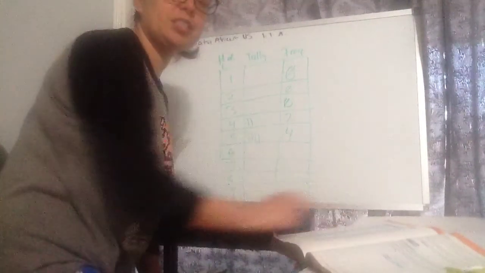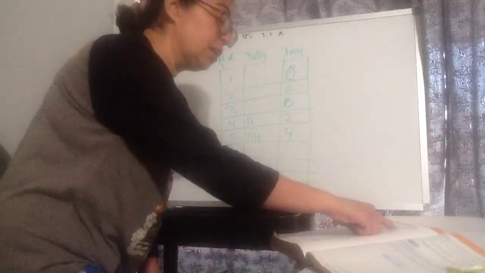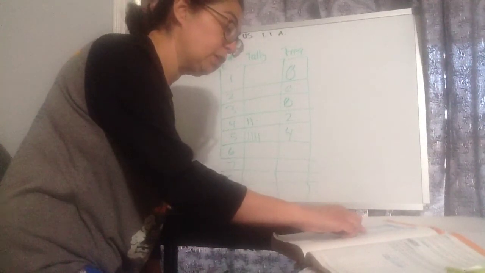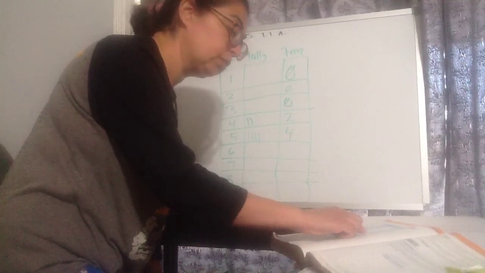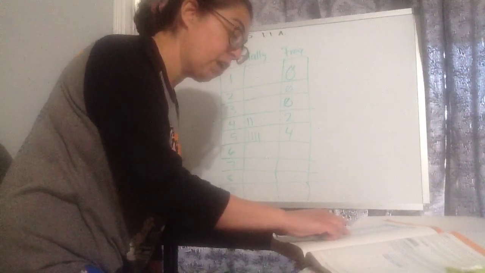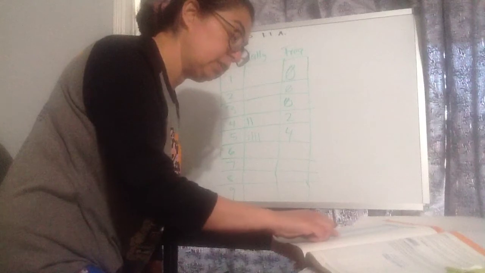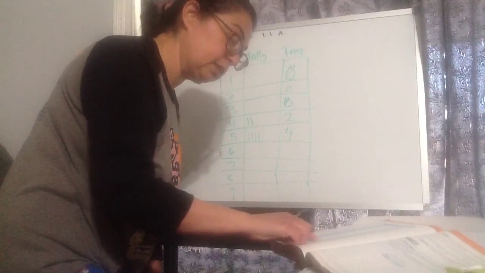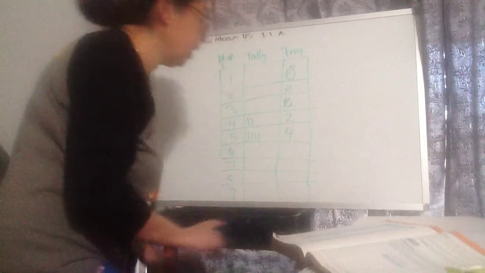So let's go down to 6. I'm going to count the number of 6s. There's 1, 2, 3, 4, 5, 6, 7, 8.